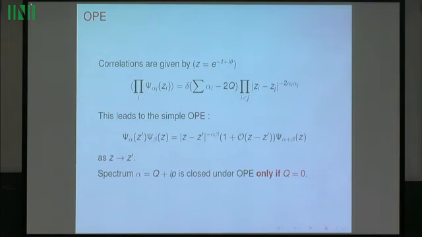Okay, and finally in the free field, the operator product expansion is also very simple, because every correlation can be computed in the Gaussian free field. They are exponentials of the field, so if you do the Gaussian integral, you get such a product because the Green function is logarithmic.